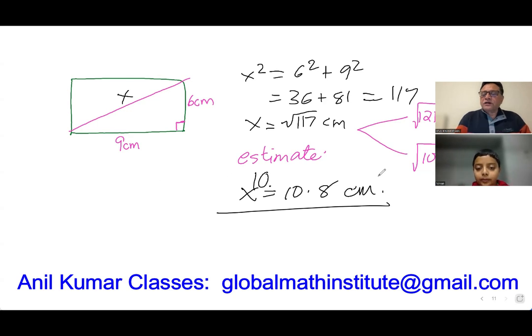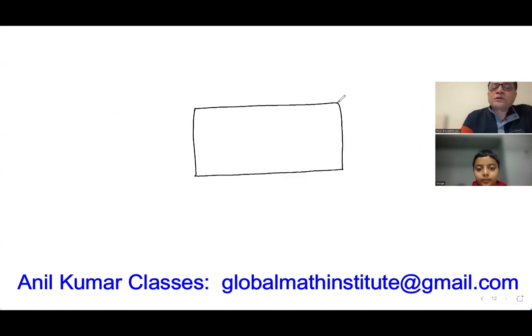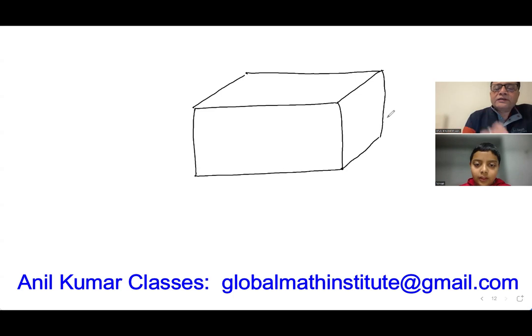Perfect. So now let's take the last question for you. What we are doing here is taking a box. So I'm drawing a box for you. A gift box, correct?